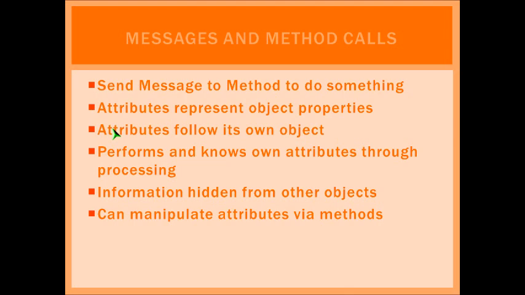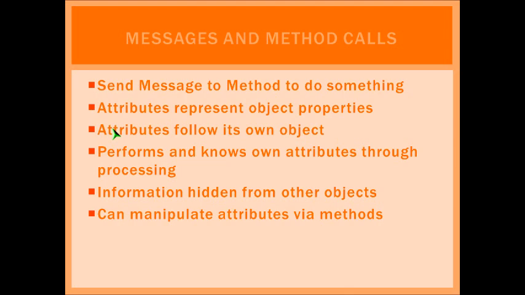The attributes of the airplane will represent its properties, and the attributes will follow the aircraft around. So when we start driving, or flying for that matter, the airplane is not suddenly going to have a boom of color and become red, orange, yellow, pink, purple, and change to a jet and a helicopter and all that stuff. It's going to remain exactly the same way as we made it in the beginning.